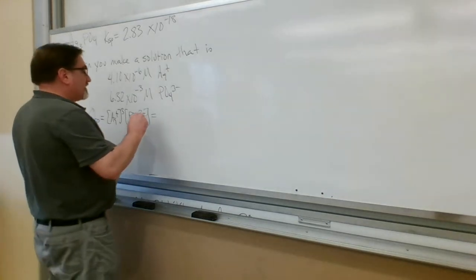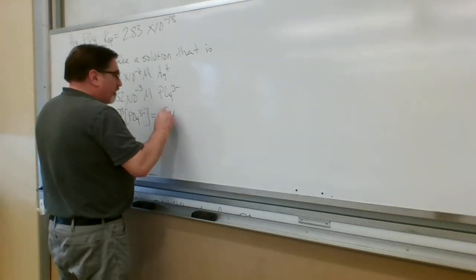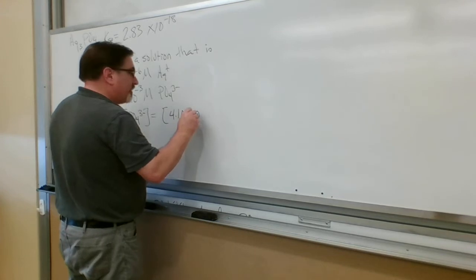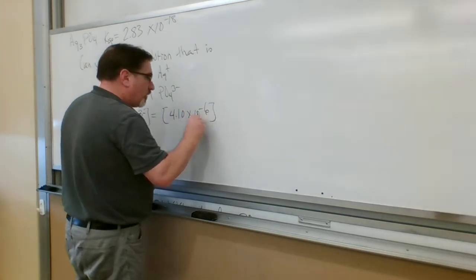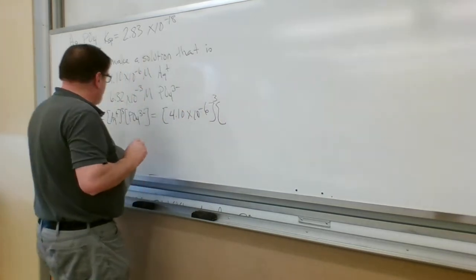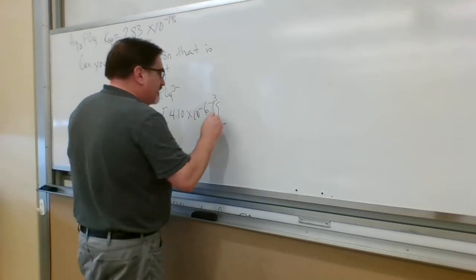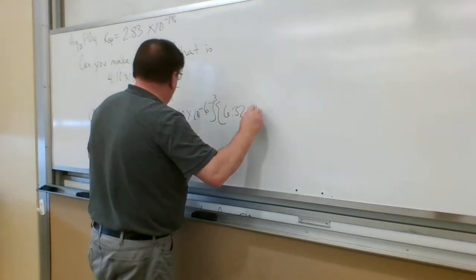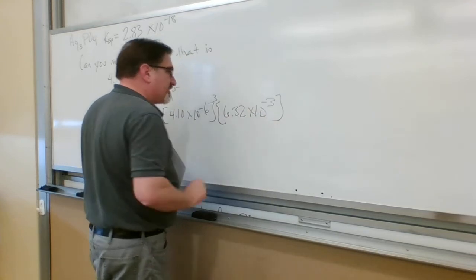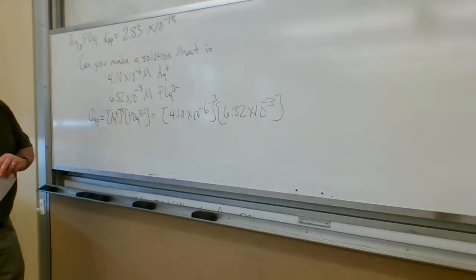So we're calling silver 4.10 times 10 to the minus 6th molar. That one gets cubed. And 6.32 times 10 to the minus 3rd molar for phosphate.